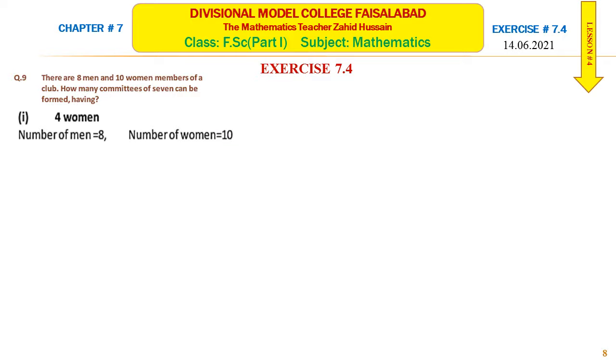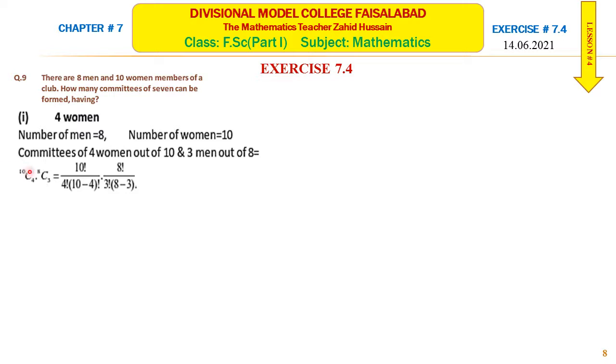Number of men 8, number of women 10. Committees of 4 women out of 10 and 3 men out of 8 is equal to 10C4, that is 4 women out of 10, multiplied by 3 men out of 8.